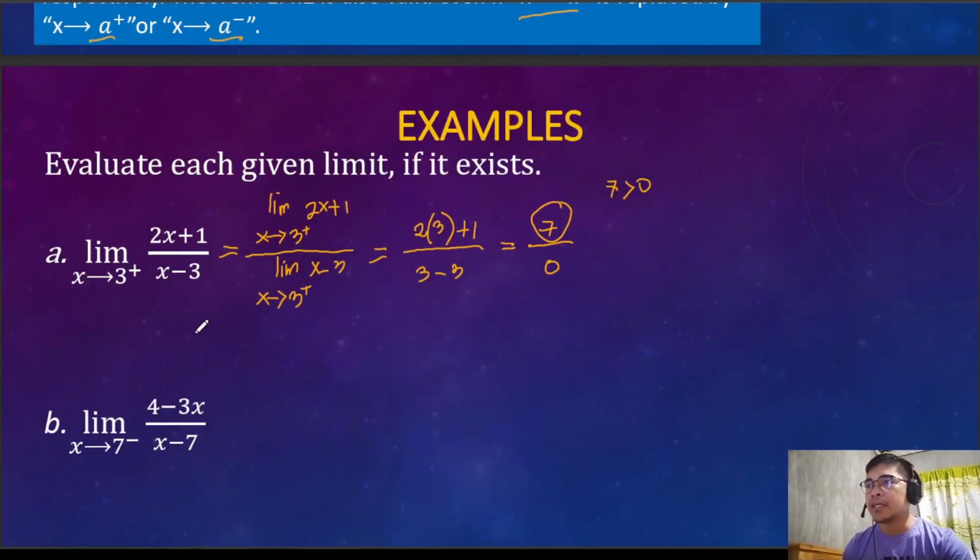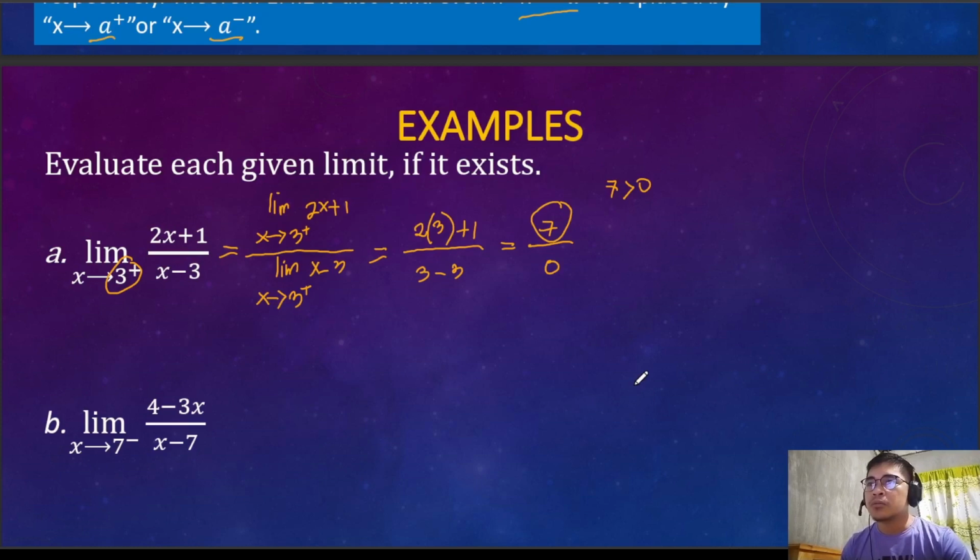So let's go back to our A. Remember, we have 3 from the right side. So we look for a value closer to 3 but greater than it, and we substitute that for x. When you subtract, the result is greater than 0.